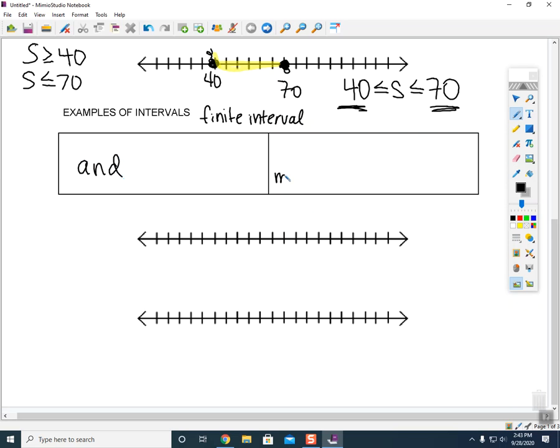So I'm going to have my minimum, and then I will have a less than or equal to inequality sign. My variable is in the middle, and then I'll have another less than or equal to sign with my maximum on my right-hand side.